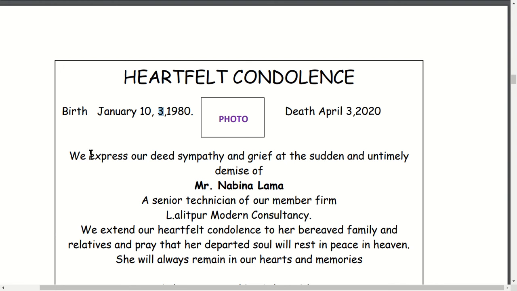We express our deep sympathy and grief at the sudden and untimely demise, meaning death, of Mr. Navina Lama here.